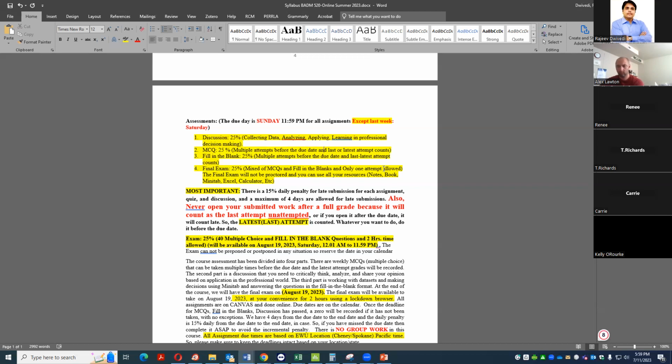But this is the setting in the assignment that after the due date, it will deduct a 15% late penalty. So after Sunday, you have 3 or 4 days of extension based on the late penalty that you can submit your assignment. So 8 plus 3 or 4 days, it is like 12 days. So 12 days are more than sufficient for doing assignments. Are there any questions?